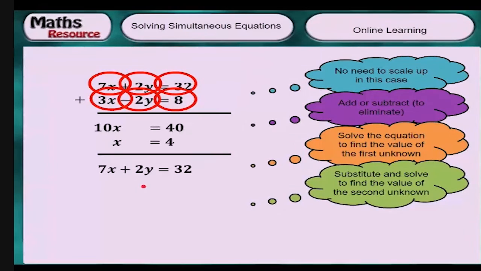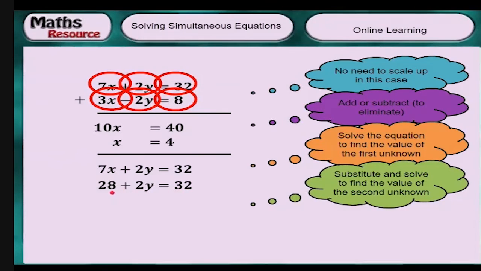Now, because I know what x is, I'm going to substitute the x here for 4. So instead of 7 times x, it's 7 times 4. I'm just going to write that underneath my 28. So I've got 28 plus 2y equals 32.